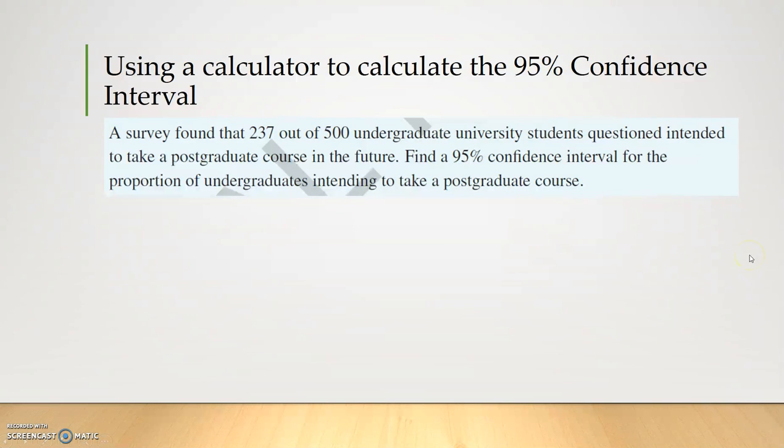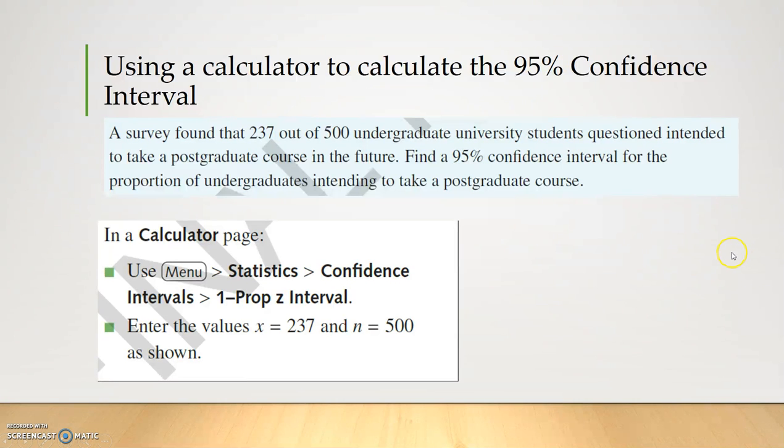Now, if I didn't want to calculate the interval by hand and I wanted to use my calculator, I would go to a calculator page and then go to Menu, Statistics, Confidence Intervals, and 1 prop Z interval. I would enter the values X is 237 and N is 500.